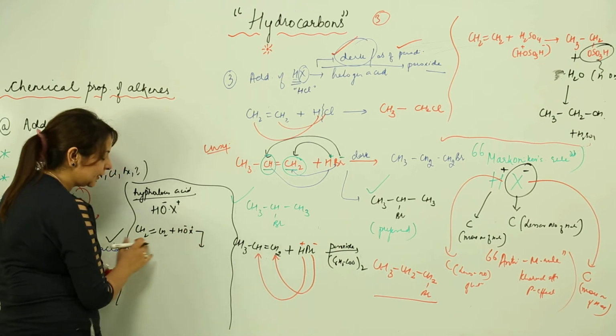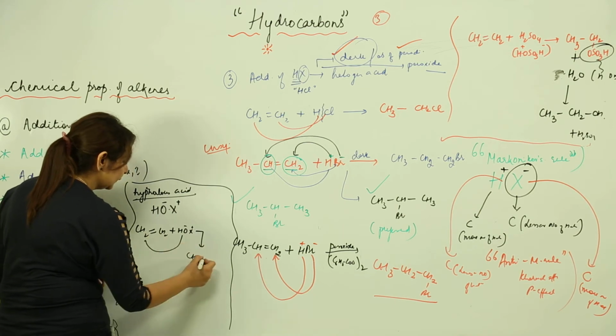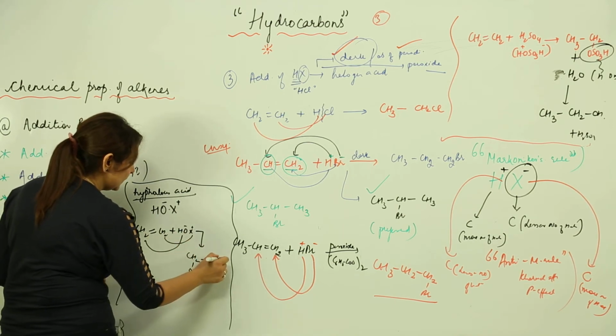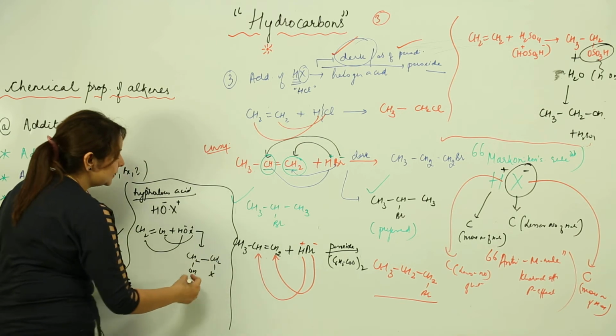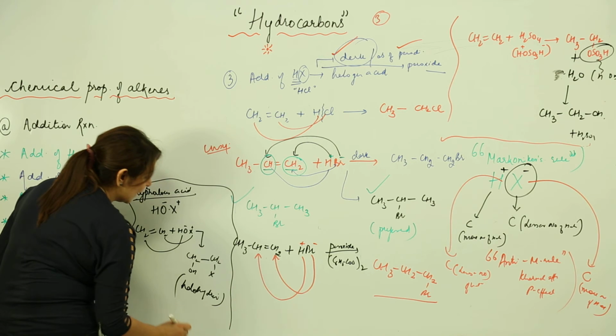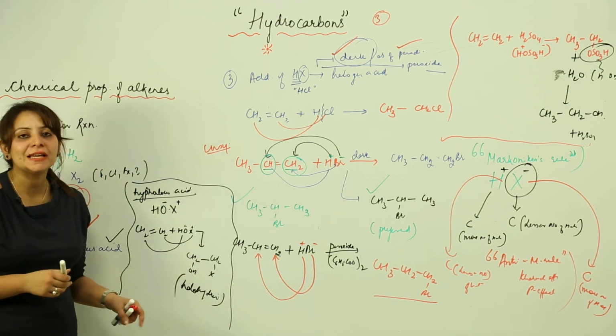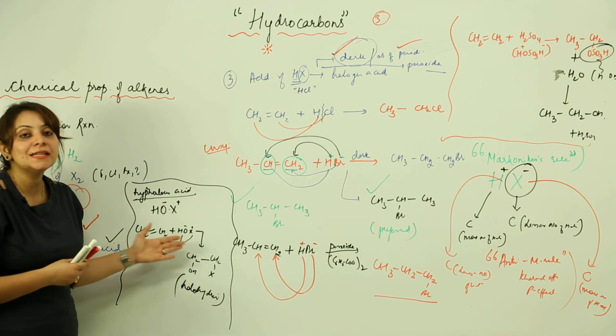As it is symmetrical you can add either side. So let us add OH here, the bond becomes single and X this side. This is called a halohydrin. It contains the halogen and it is termed hydrin also, so it is called halohydrin.